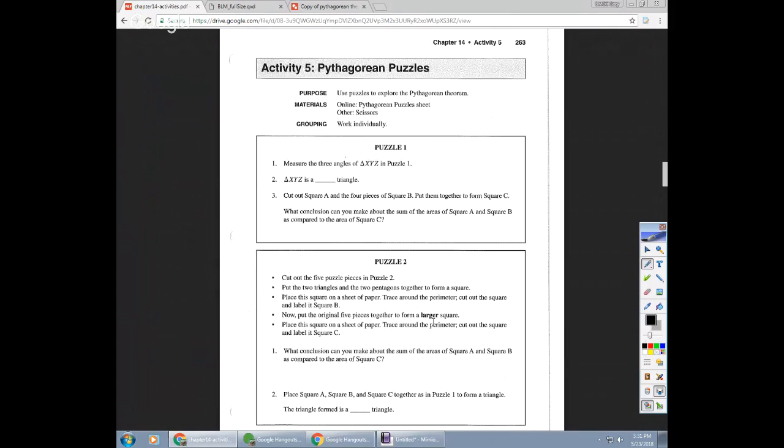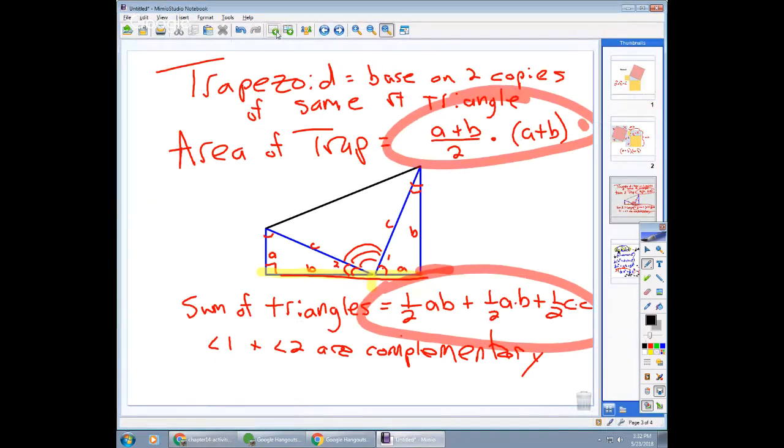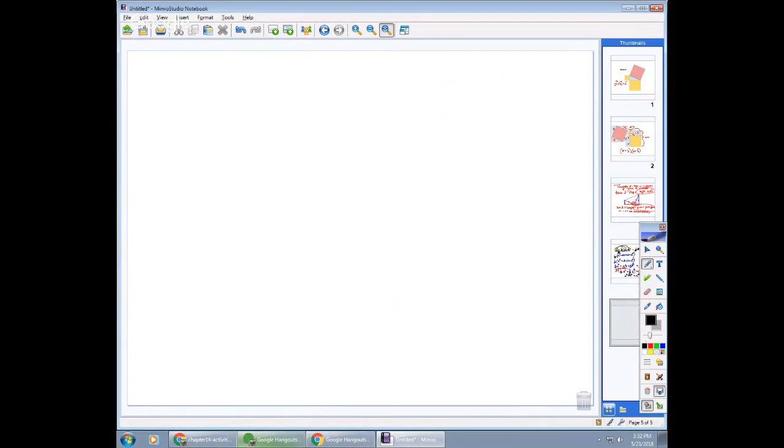No, I don't believe we need the angles like that. Is this dark area considered?